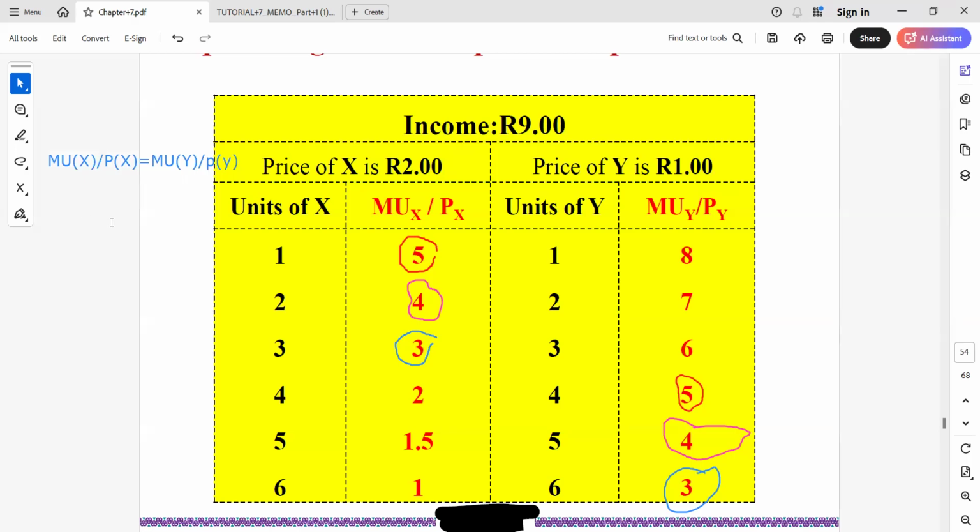Let me just write it here. Your marginal utility for good X divided by your price for good X must be equal to your marginal utility for good Y divided by the price for good Y. And it must also be equal to your income: so your good X is 2 rand, plus your good Y is 1 rand.